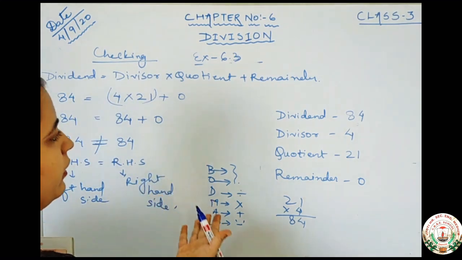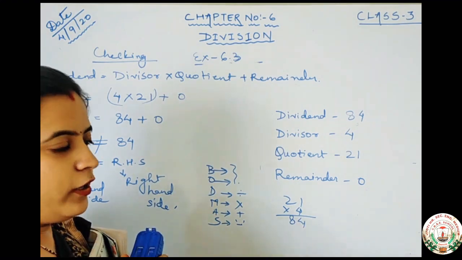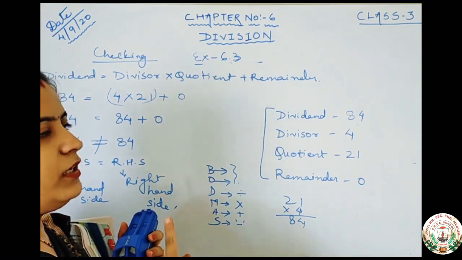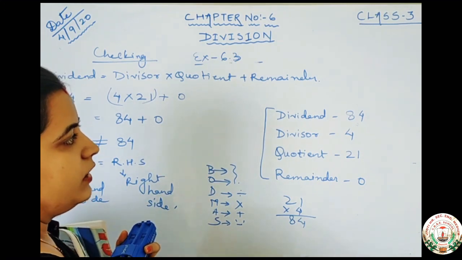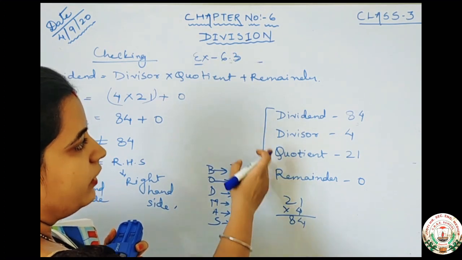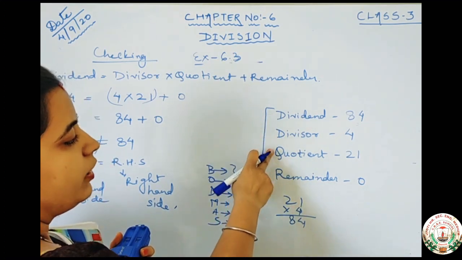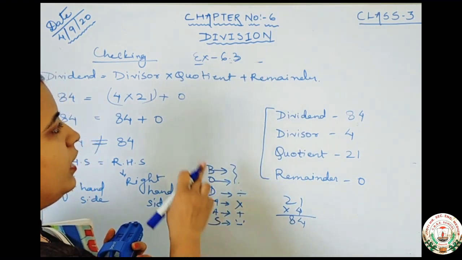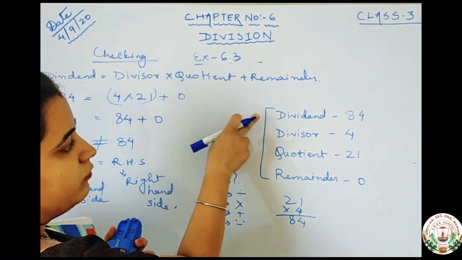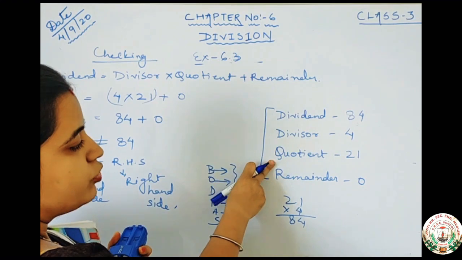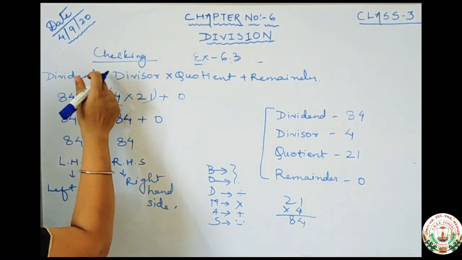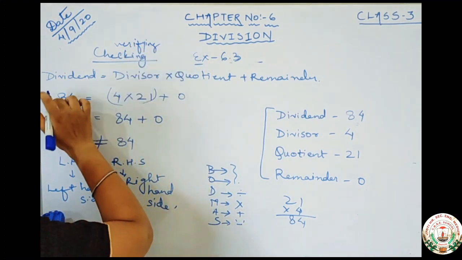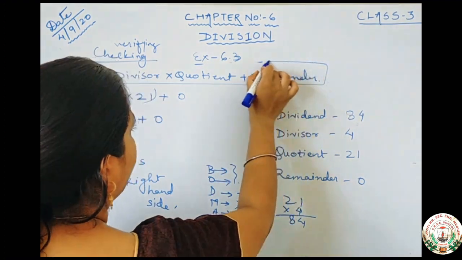So with this example, what we have learned? We have learned the long division method. हमें क्या क्या पता चला इस एग्जाम्पल से? हम long division method से divide करना सीख गए. हमें इन terms की values पता चल गई कि dividend किसे बोलते हैं, divisor किसे बोलते हैं, quotient और remainder. So we came to know how we will divide by long division method, what is dividend, divisor, quotient, remainder, and then for verifying the answer, this is the formula you have to remember.